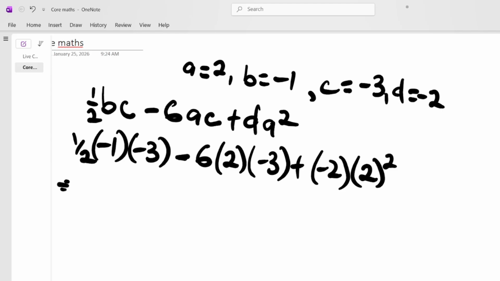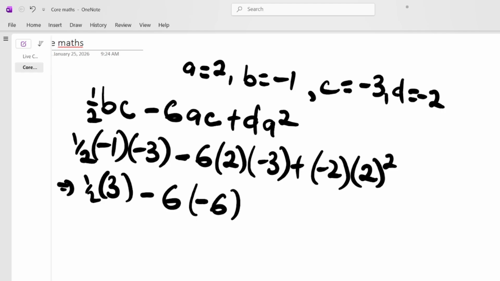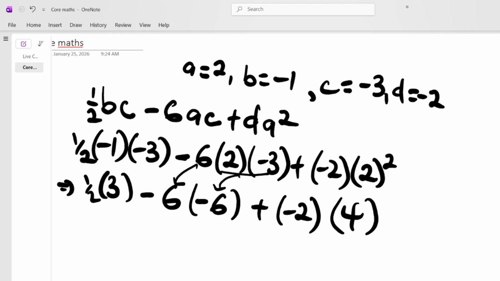Now, -1 times -3 will be +3, so it will be left with 3 here, giving 3 times half. Minus 6 times 2 times -3, that will be -6 again. I'm going to keep this -2 for now, and I'll take care of 2 squared, which is 4.